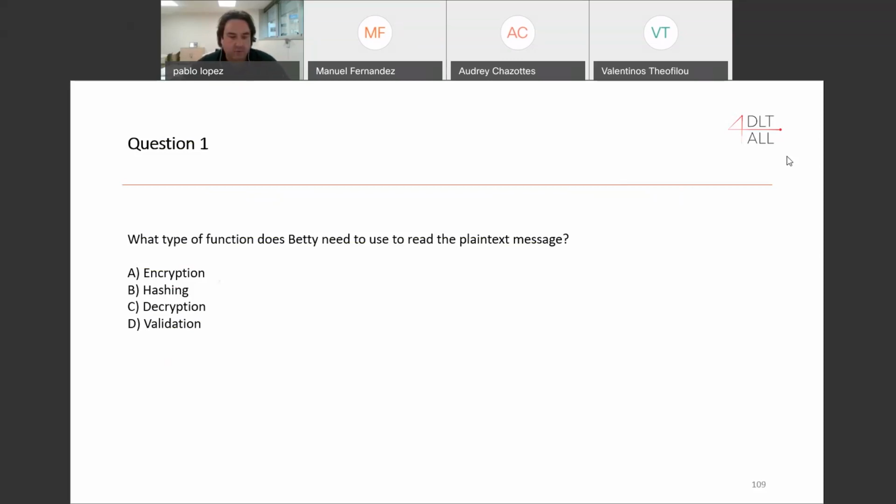Wait, if someone wants to give another option, maybe. Okay, let's see the answer. Decryption. The function we need to use to read a plain text message. Remember that, as we saw in the different pictures, going from ciphertext back to plain text is decryption.